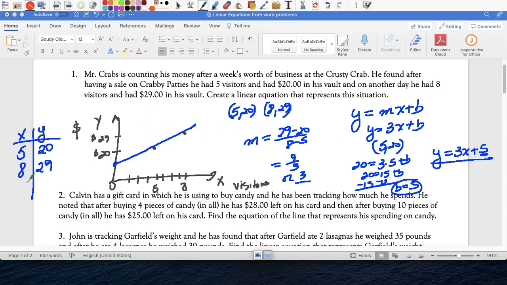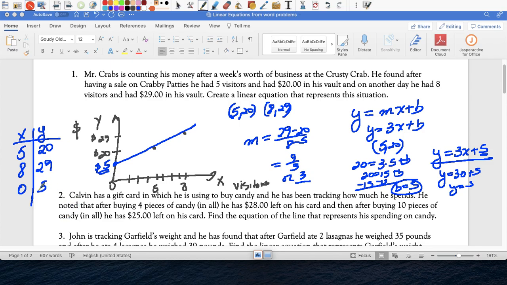Just to prove that to you, what happens when x equals 0? When there's 0 visitors, let's plug that in. y equals 3 times 0 plus 5, and y equals 5. So when there's 0 visitors, there's 5 bucks in the vault. How do you explain that?